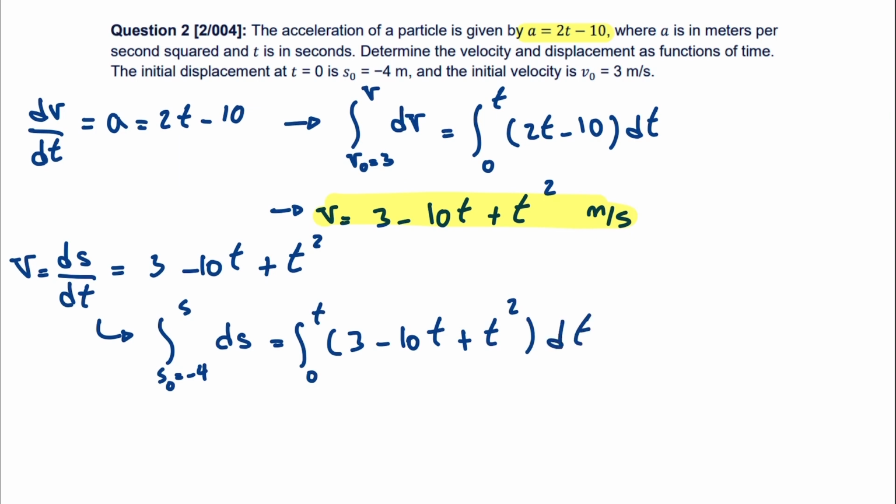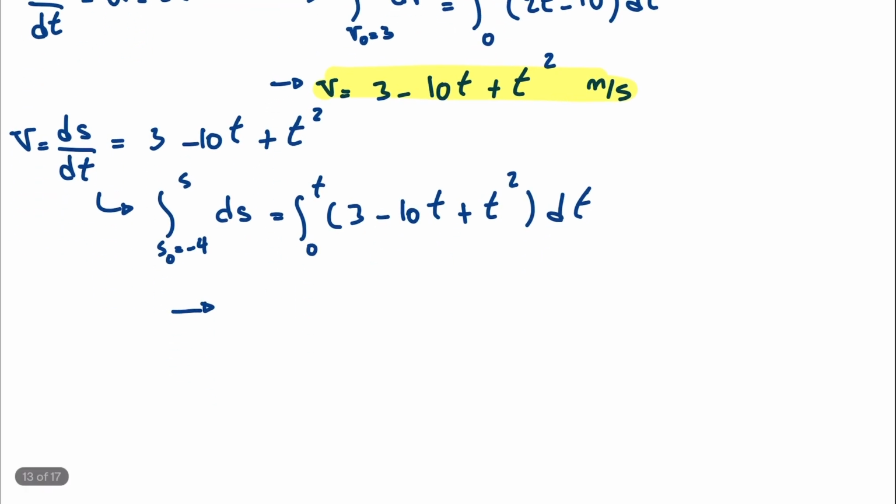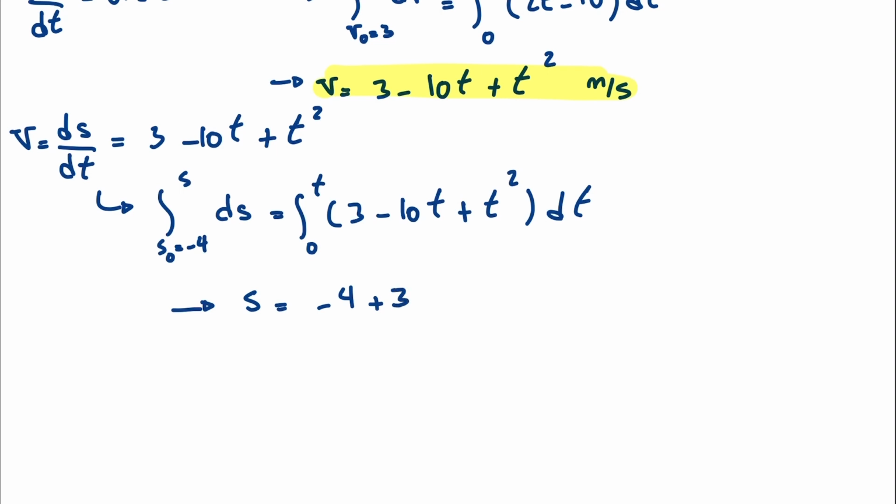And by calculating this integral, you can find the equation for displacement. S will be minus 4 plus 3t minus 5t squared plus 1 over 3 times t cubed.